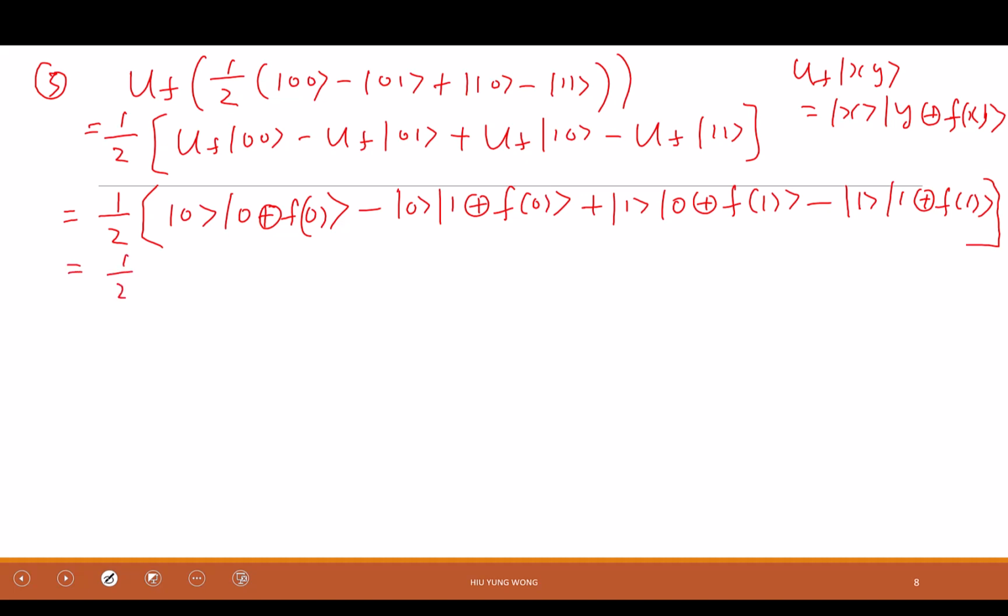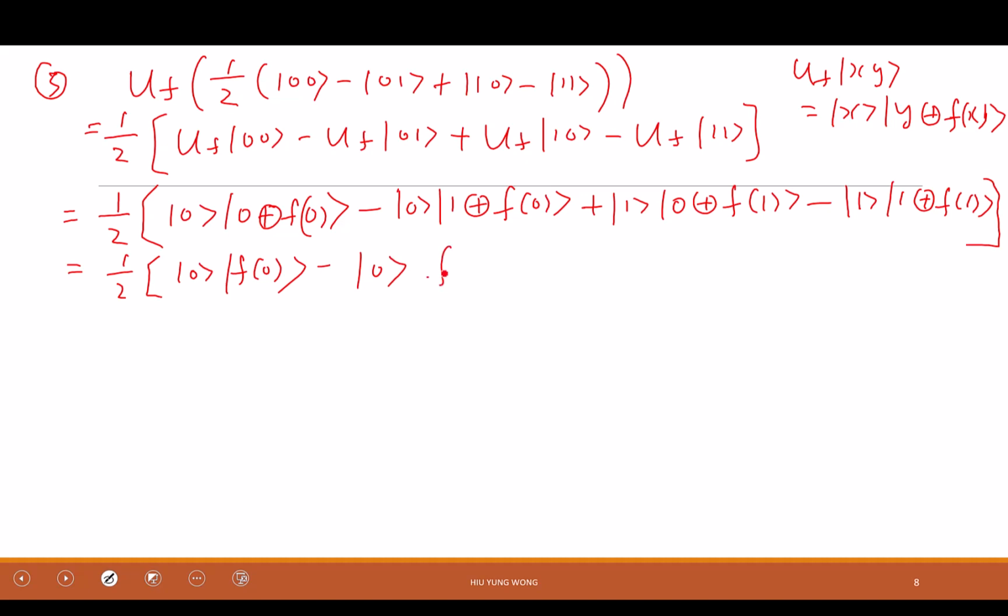Okay, so let me simplify this, like what you try to do now. This becomes 0, f of 0. Now, I hope you understand the main meaning of f of 0 in the ket, right? A ket is a state, a vector. You calculate it, then you describe what state it is. You tell me whether this is 0 or 1. This is 0.